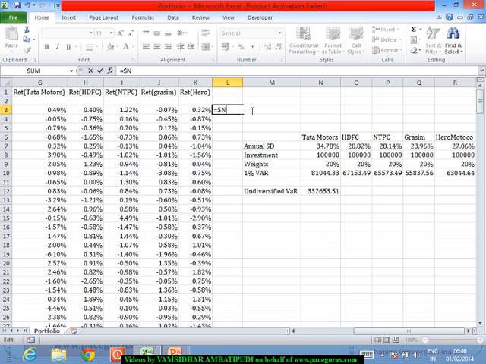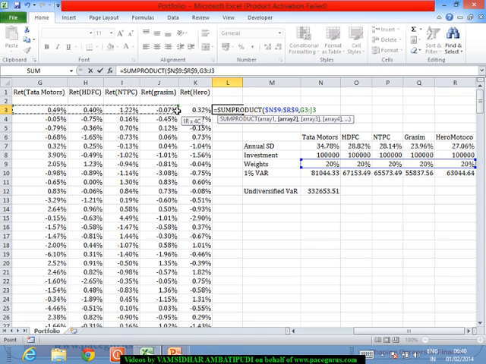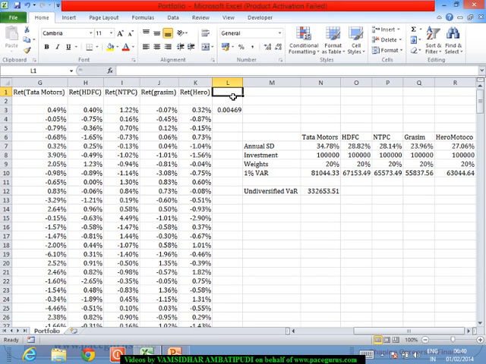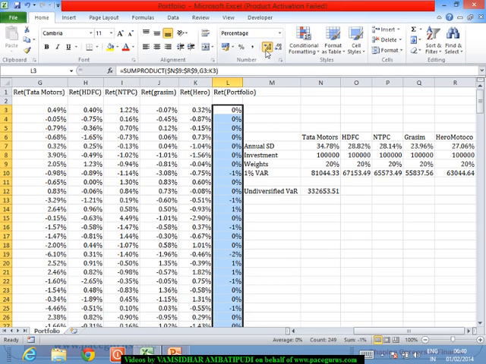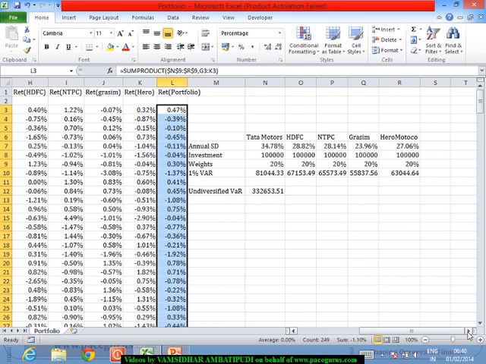Like that we can do a sum product, wherein I multiply these weightages by the appropriate returns, and let's say it comes out as the return on the portfolio. We'll talk about the other way of looking at it also. So this is the return on the portfolio.